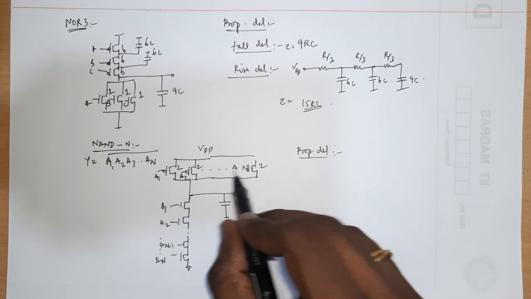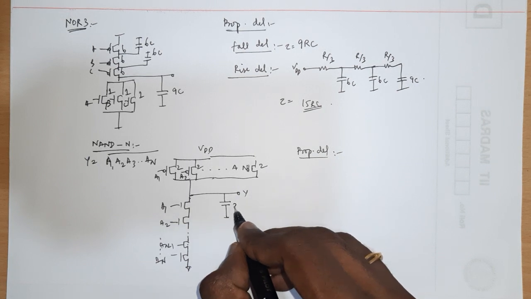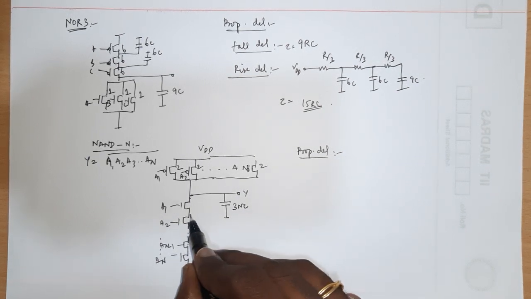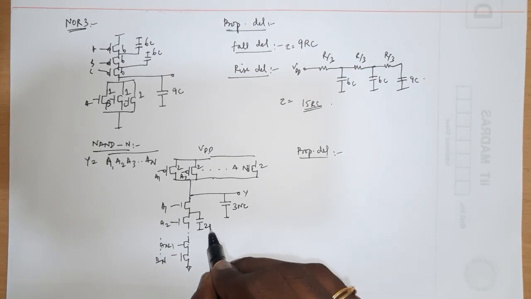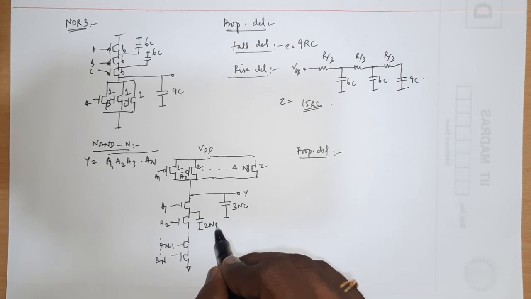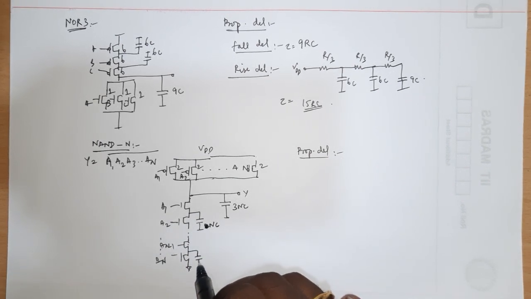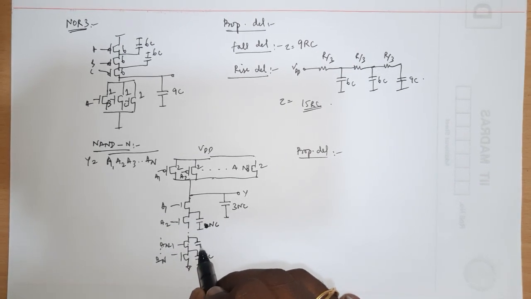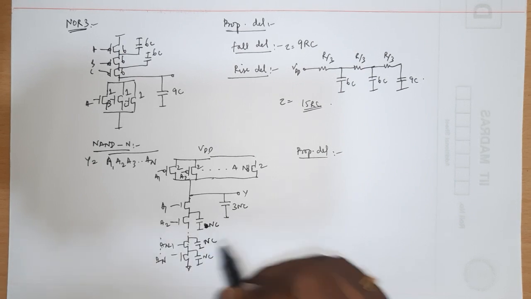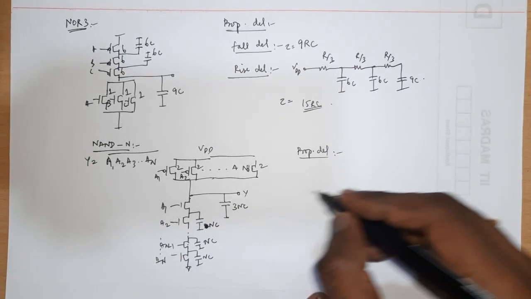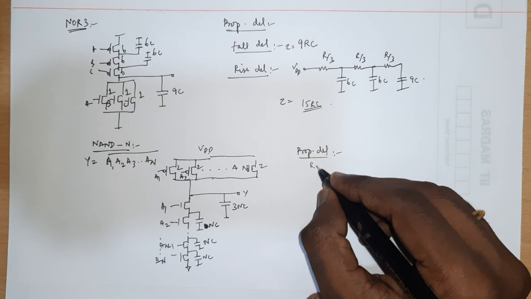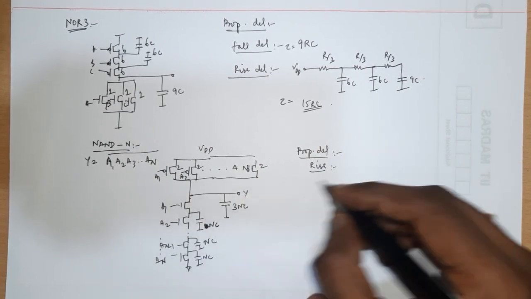So 2NC and NC make it 3NC here. The others will be NC, NC, and so on.